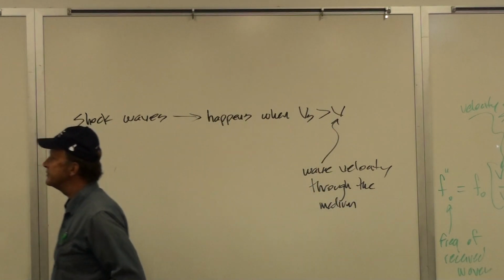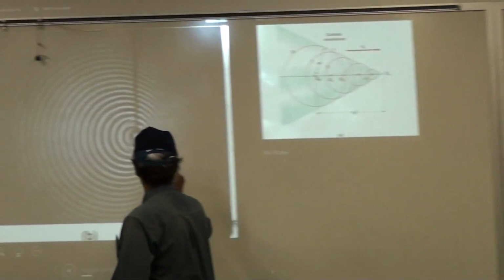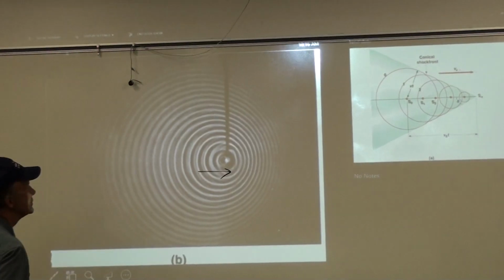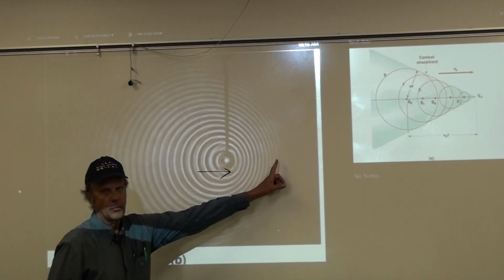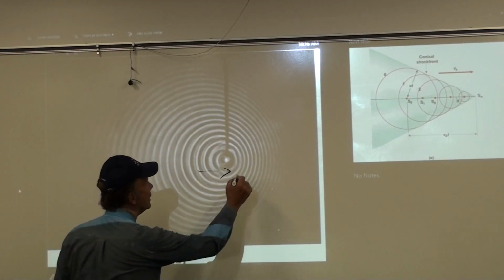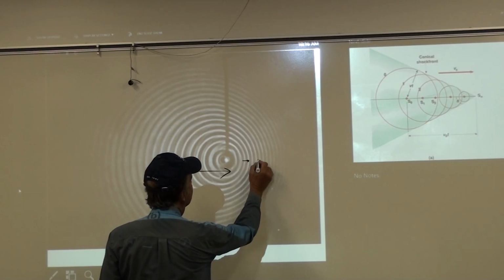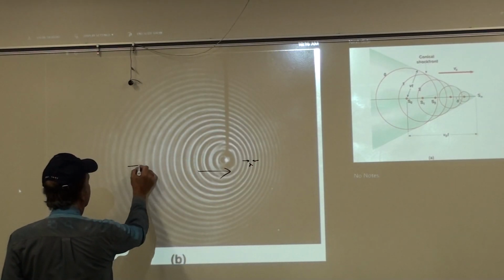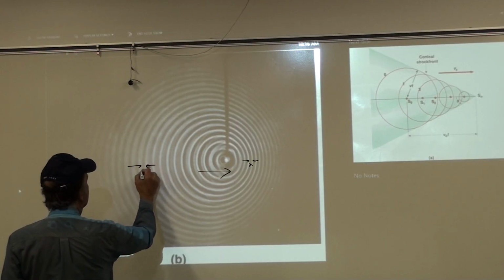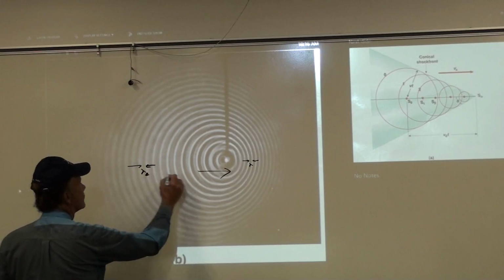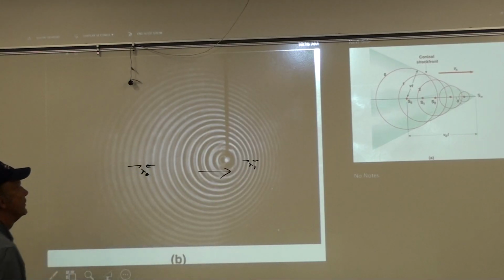So what we've already seen is that if you have a moving source that squeezes up the waves on the inside in the direction of motion, this wavelength is small, this wavelength over here much bigger. Lambda 1 for the shorter wavelength, lambda 2 for the bigger wavelength.